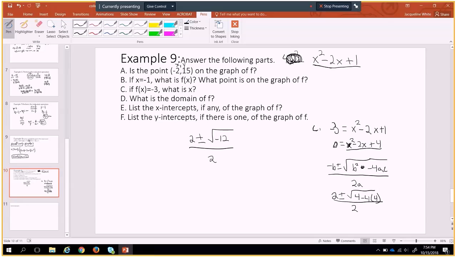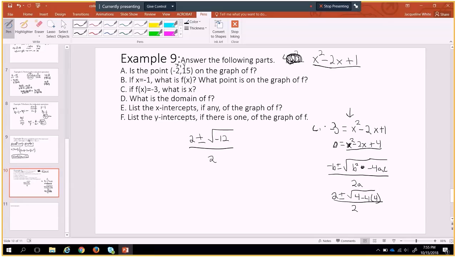But in any other case, this step right here, when it asks you the question, if f of x is equal to something, what is x? We just solve for our x's for whatever our y is. So let's say it asks if f of x is equal to negative 10, then it'd be the same thing. We say that negative 10 is equal to x squared minus 2x plus 1, and then solve for our x's.